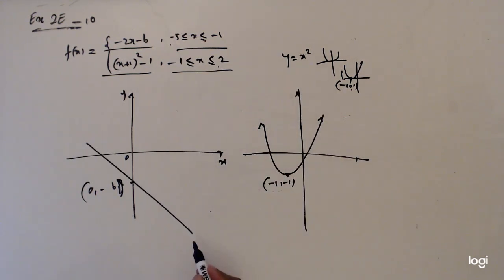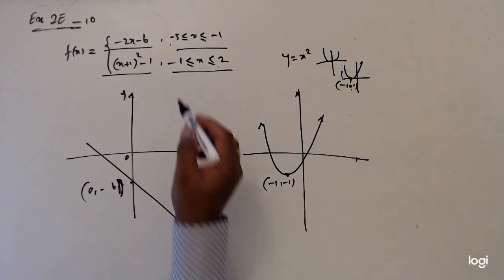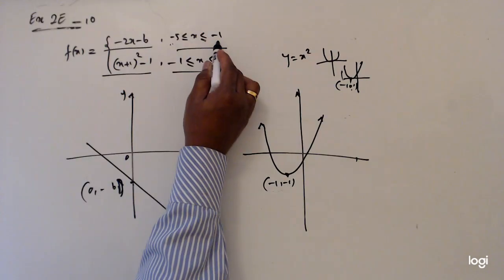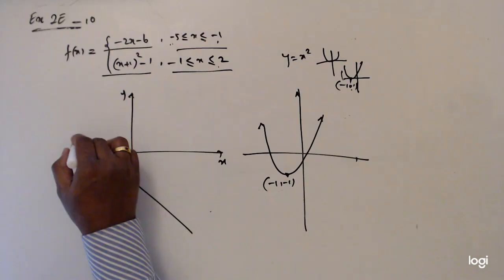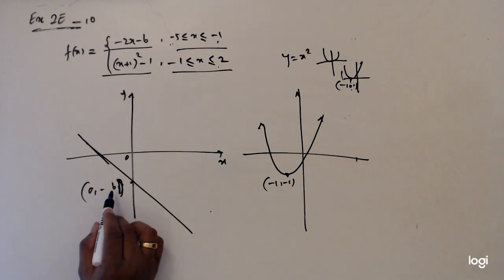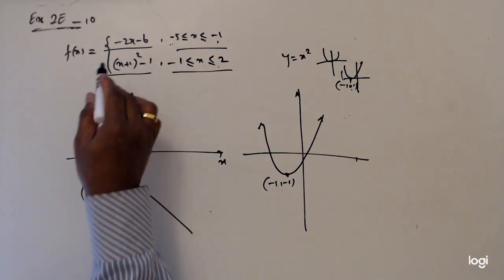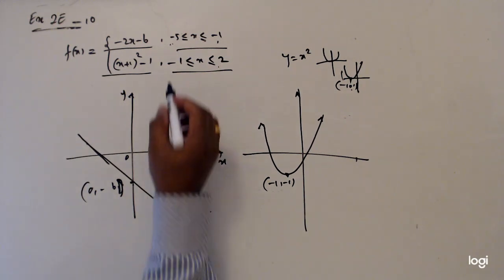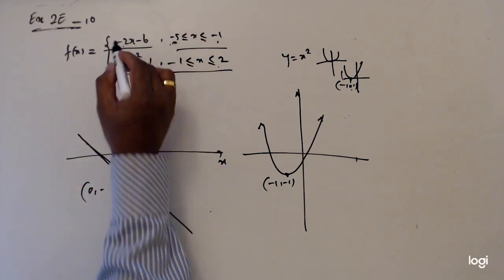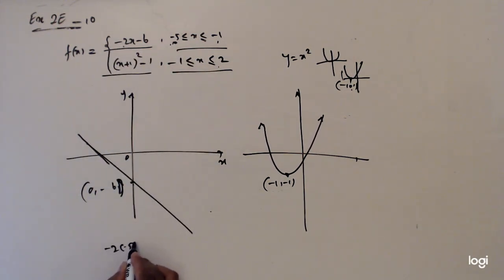Now we have to apply the domain. So minus 5 to minus 1. When x equal minus 5, minus 2 times minus 5 is 10, minus 6, that is going to be 4.